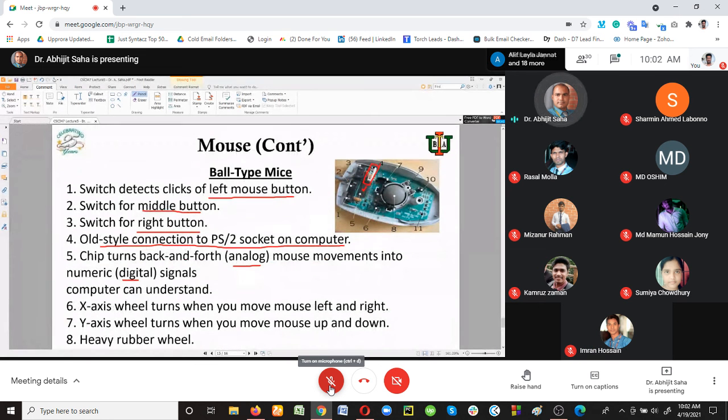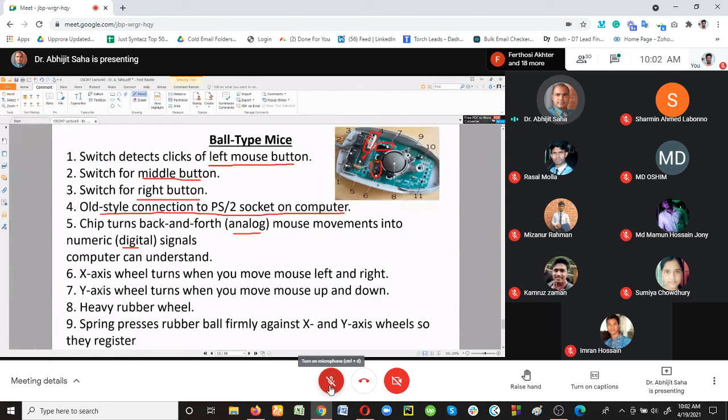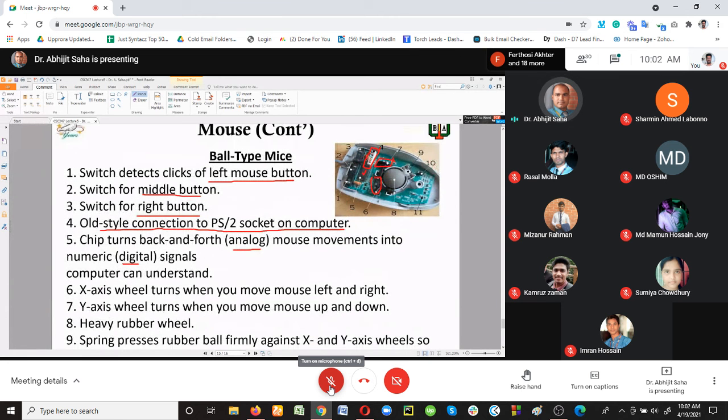So number six and number seven, there is a wheel, and there is a wheel. Both ends here there is a wheel. The number six wheel is for the x-axis.